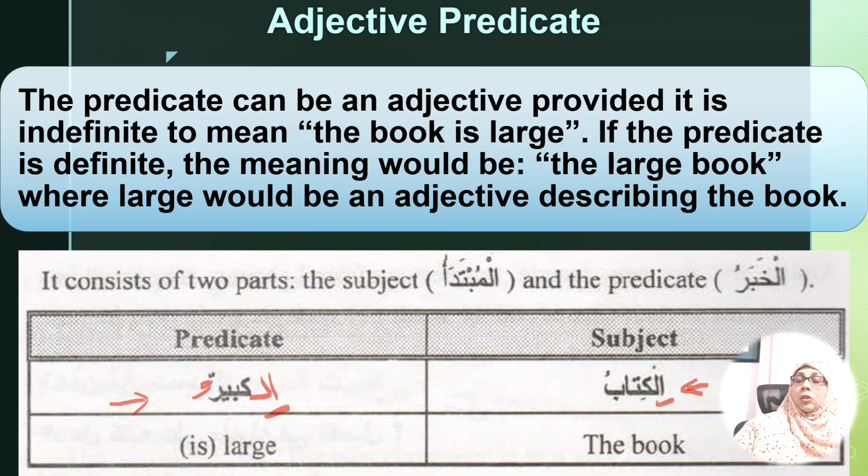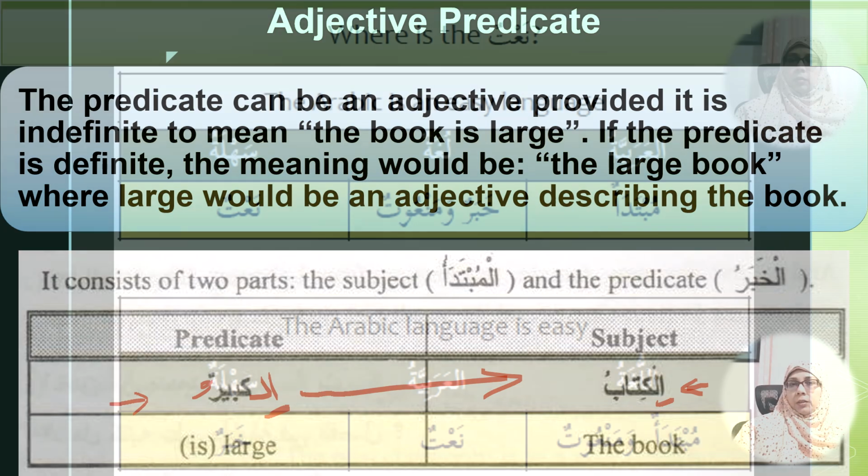In this case, you do not say the book is large, because now it's no longer the khabar of the sentence. Now it's an adjective describing the book. So the way I have written it with the al, now you would translate it as the large book, right? So in this case, large or al-kabiru is the adjective describing the book. Okay, I hope you see that distinction.